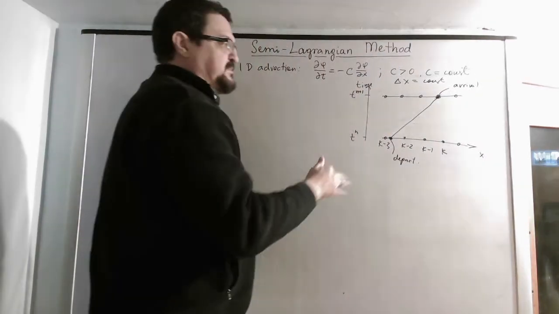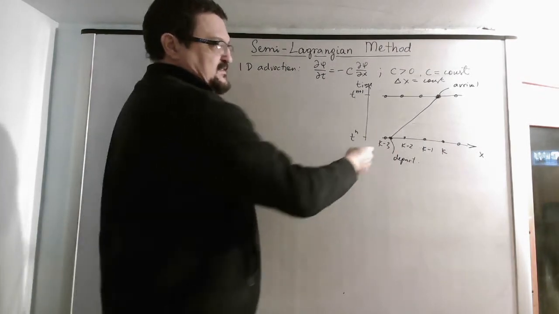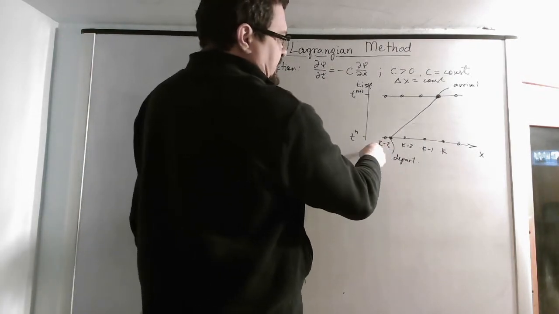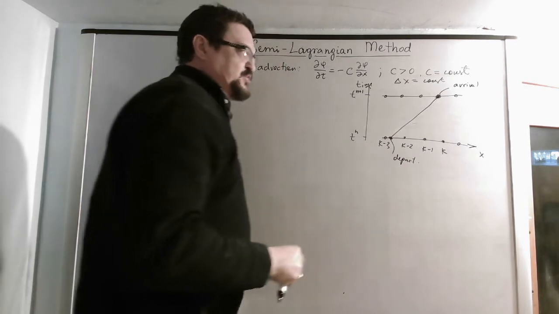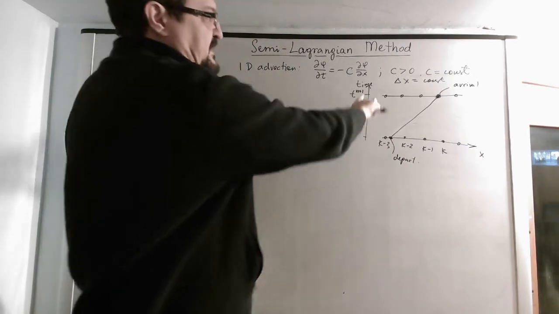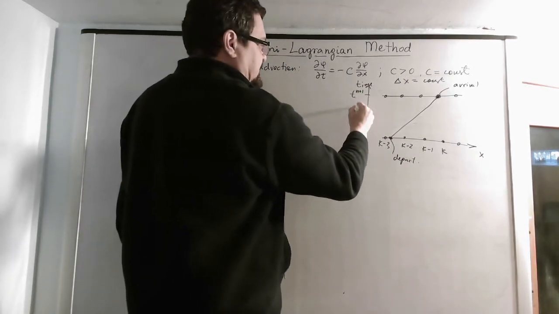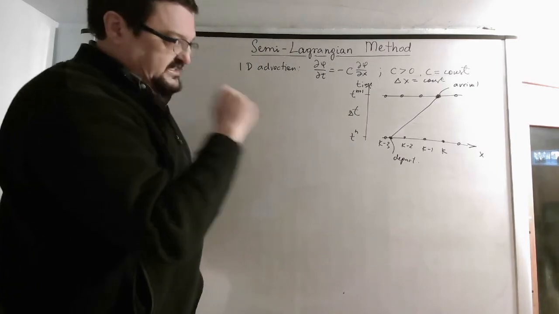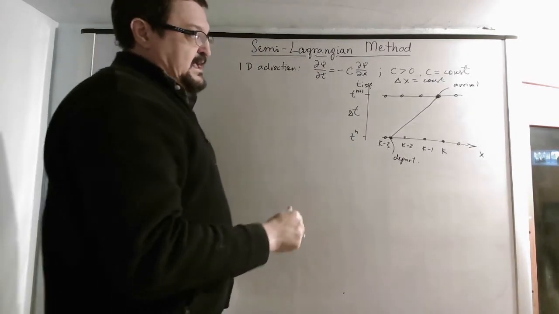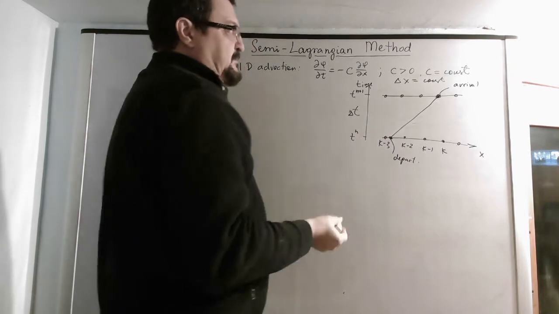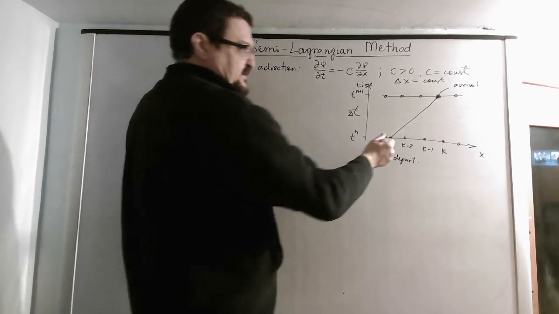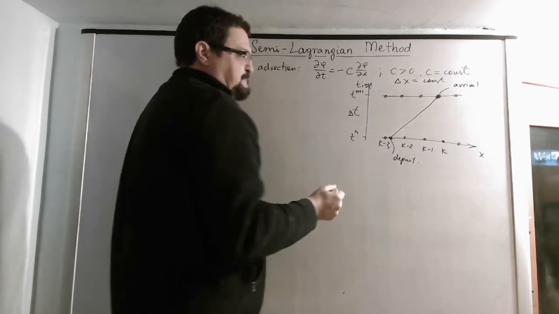It's somewhere in between some indices. In this case, I've drawn it between index k minus 3 and k minus 2. But it can be some other point, depending on your time step. Here's delta t. It can be a larger or smaller time step. But we can easily compute where this point is, given delta t.